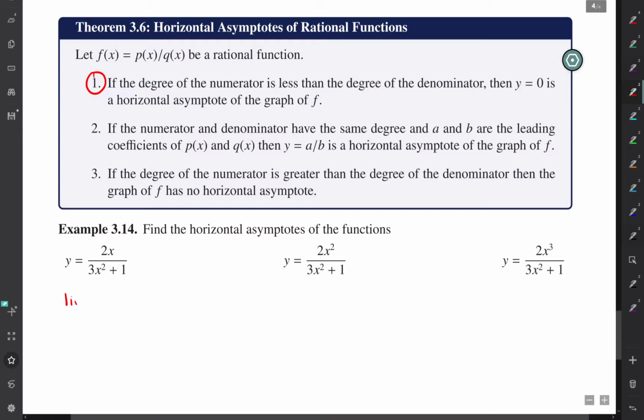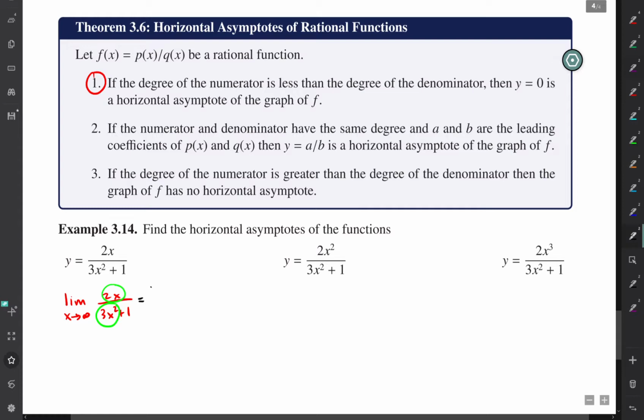If you look at this function, you have 2x over 3x squared plus 1. There the degree of the numerator is 1 and the degree of the denominator is 2, if I take the largest terms.